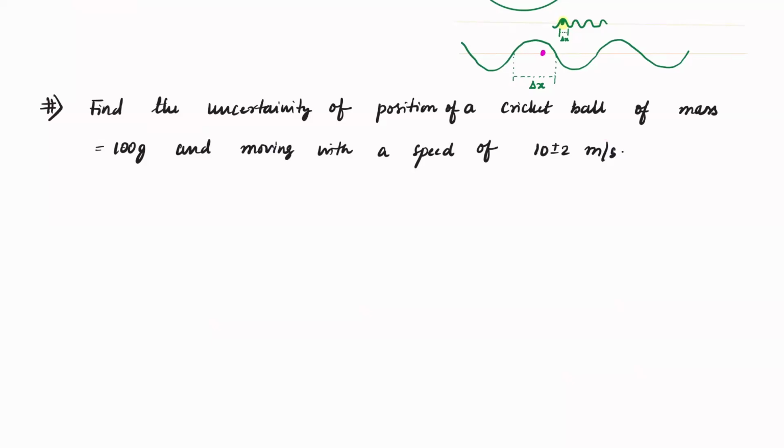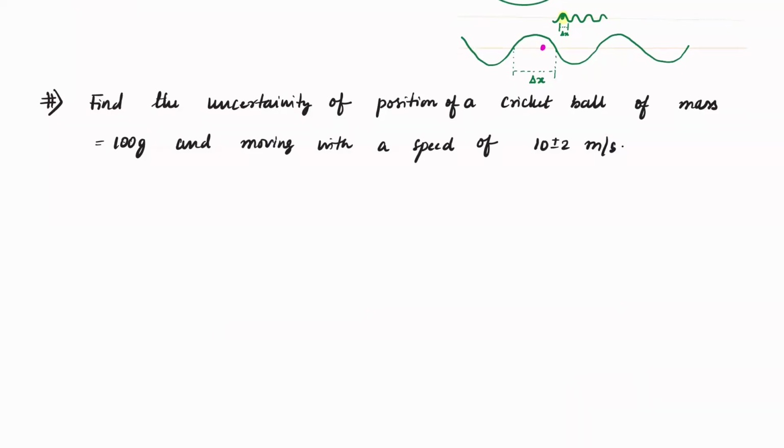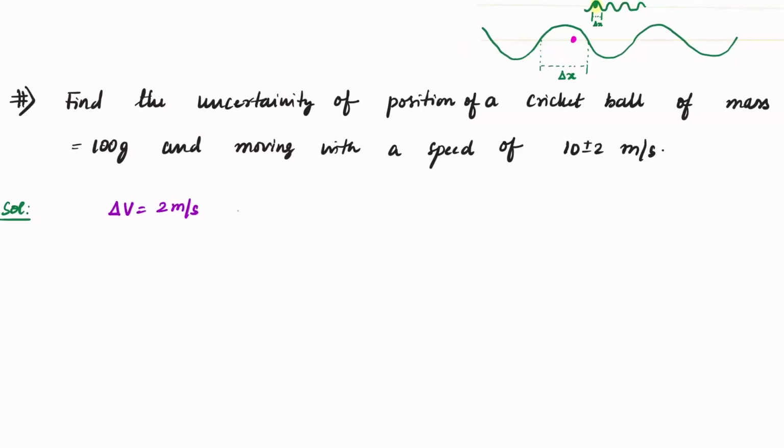Got it? So how do we figure out the uncertainty here? Please look into it. The uncertainty in the speed is up to 2 meters per second, and the mass is 100 grams, which is around 0.1 kg.